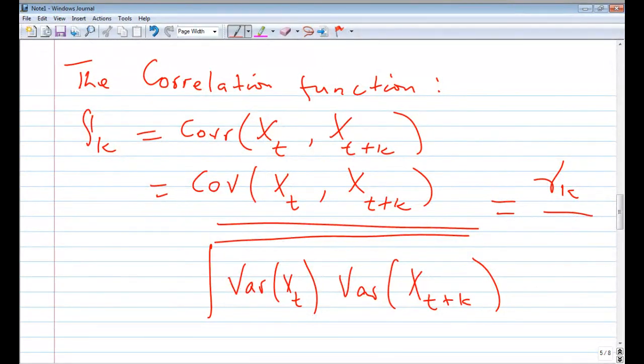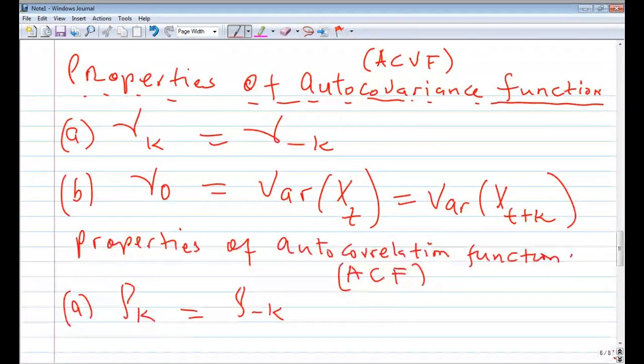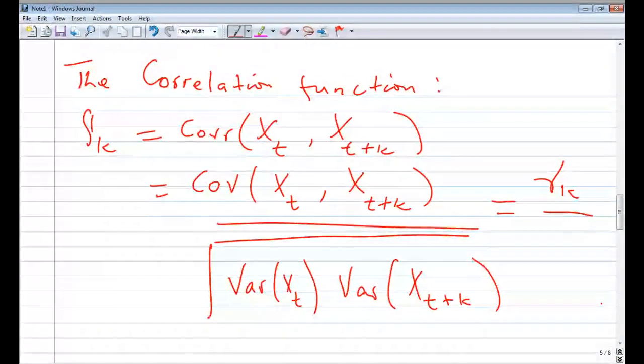But according to the properties of the autocorrelation functions, I said var of xt is equal to the var of xt plus k, and all of them are equal to gamma 0. So you can substitute, or maybe you just write var of xt all squared, because var of xt and var of xt plus k are the same.